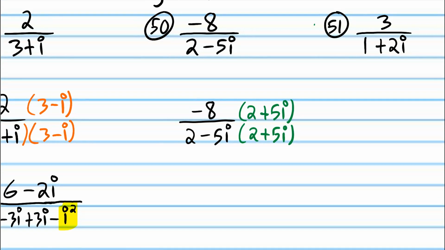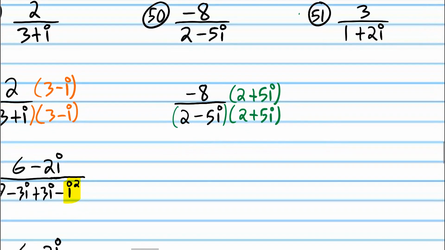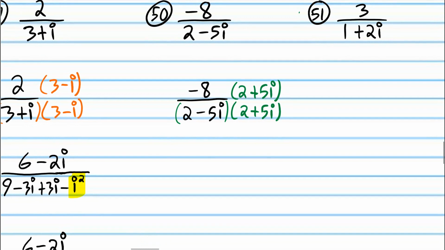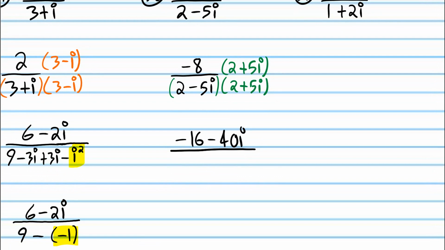Now, typically students will not use parentheses on this other complex number, and that's wrong. You have to use parentheses on this complex number, or else your expression is not correct. So I'm going to multiply the numerator. We get negative 16 minus 40i using distribution.